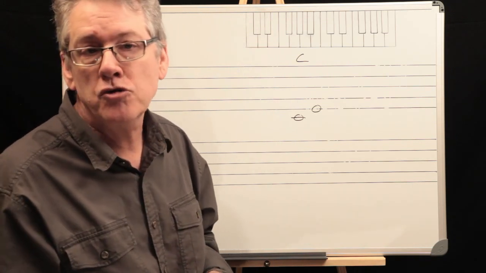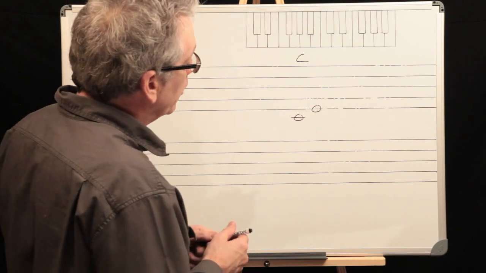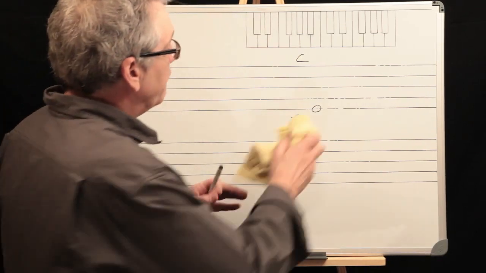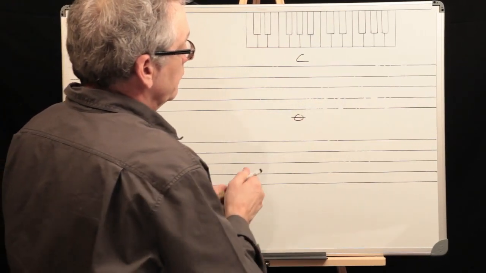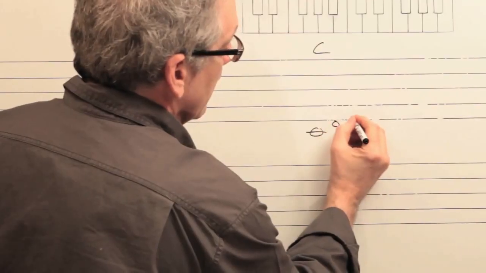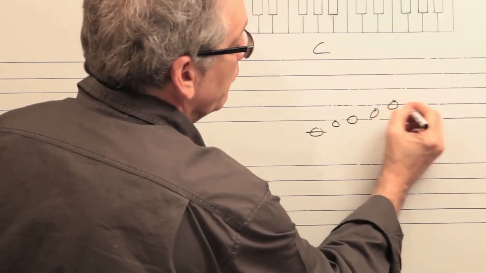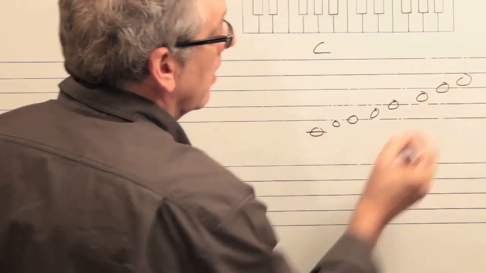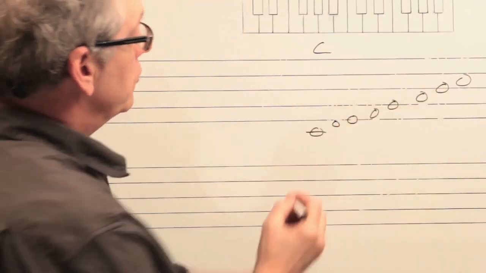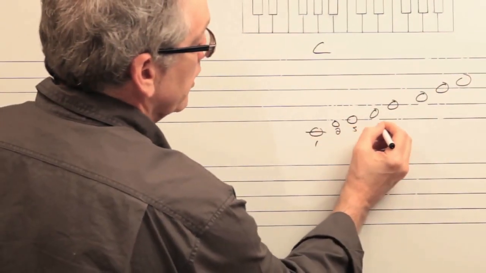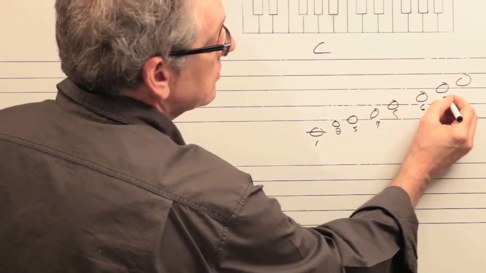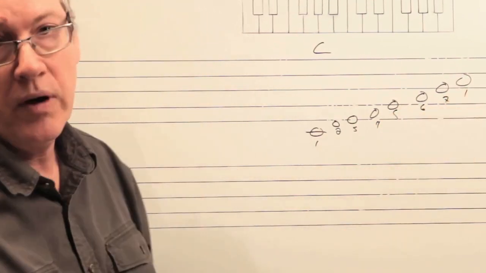So we're going to talk about triads, and we're going to start with our favorite key, C, okay? These are the different notes, so we have 1, 2, 3, 4, 5, 6, 7, and 1 again, okay?